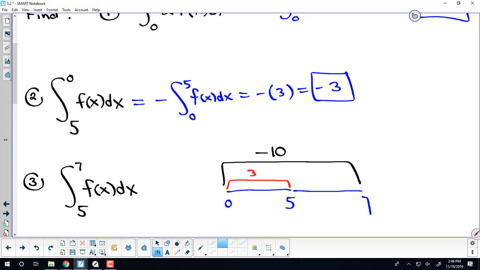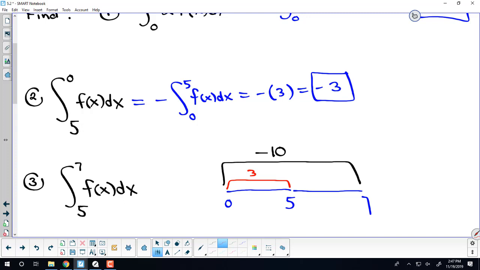Is it sufficient reasoning to say that since the area from 0 to 5 is 3 and the area from 0 to 7 is -10, it has to be, what'd you say, Mike? -13? I thought it would be -7, since we have -10 from 5 to 7, and 0 to 5 is 3, so we add them. Yes, so it's 3 minus a -10.